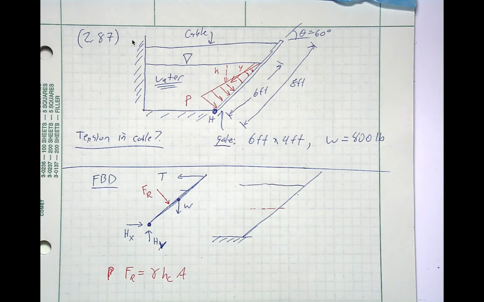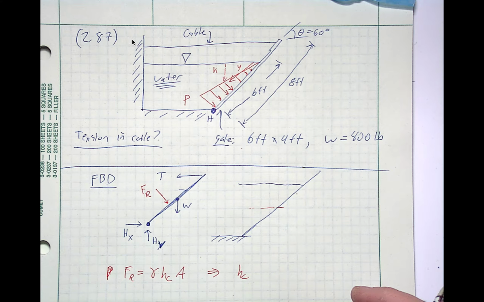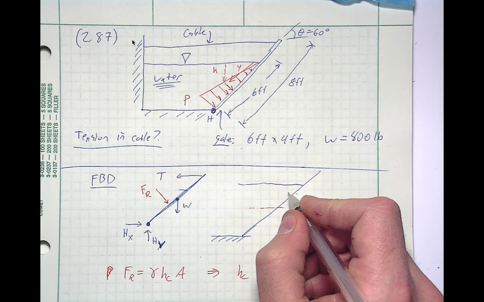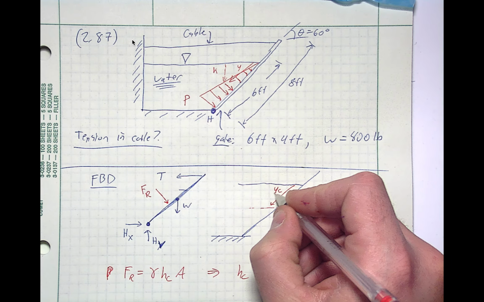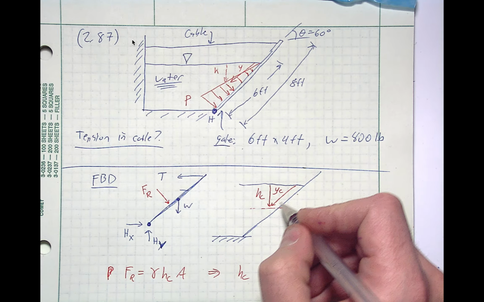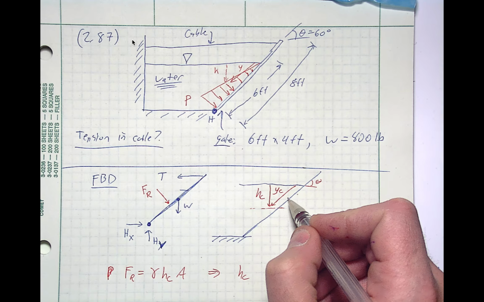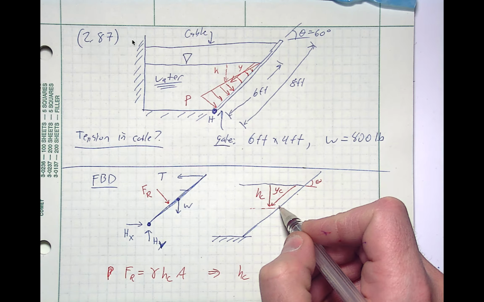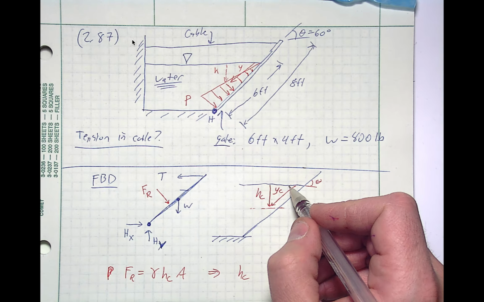Okay, so right now let's just deal with the magnitude. We know gamma and A, the area, but we need to know what the HC quantity is. So here's our YC, HC is there, and there's our angle, so that means this angle, right?